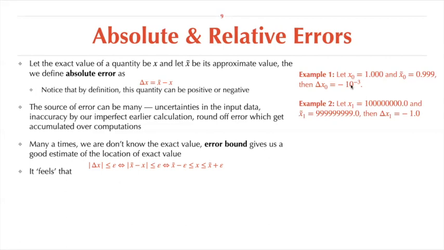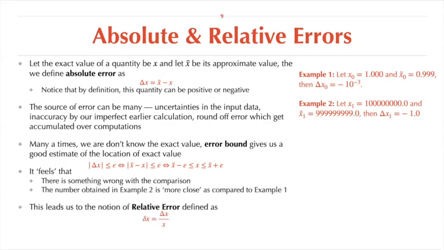So this motivates us to introduce another concept called relative error, because it seems that the two comparisons are not fair, because the value itself here is very small as compared to this. So relative error is defined to be this quantity divided by x, the exact value of the quantity.